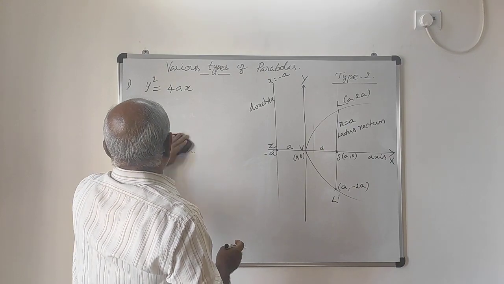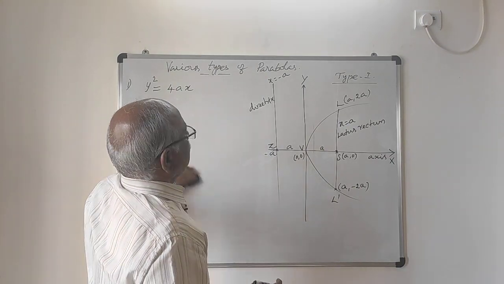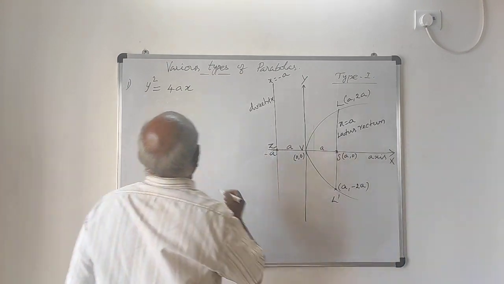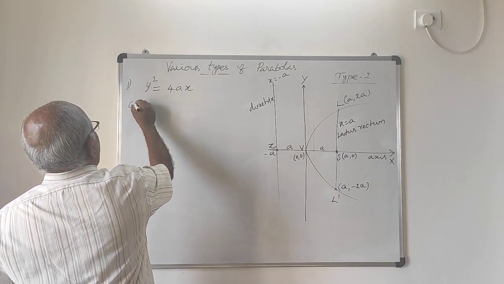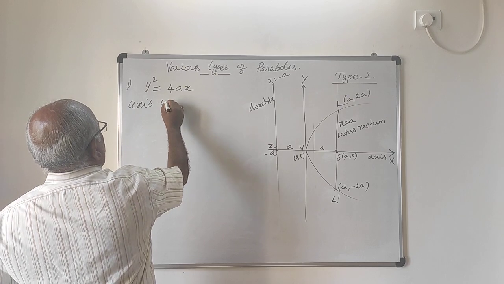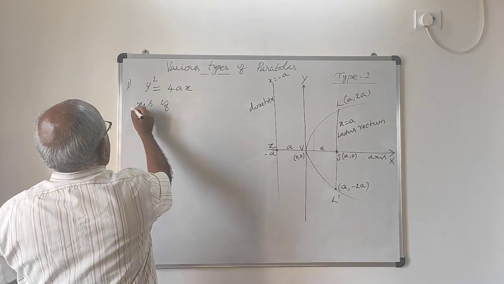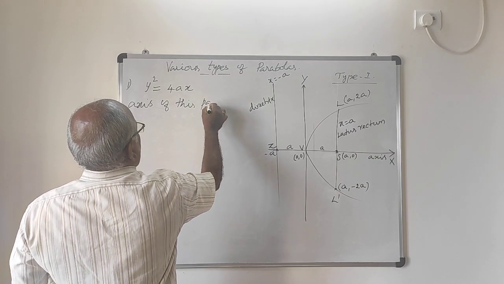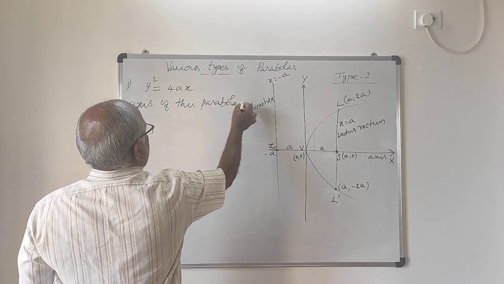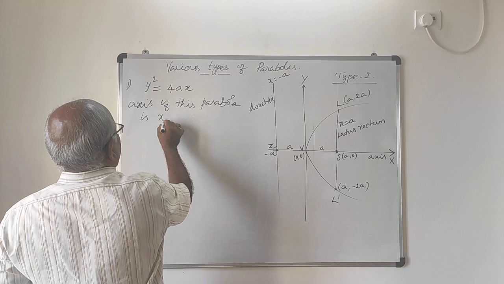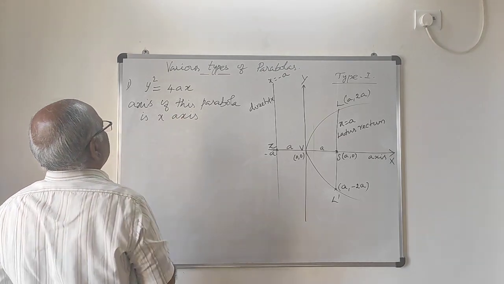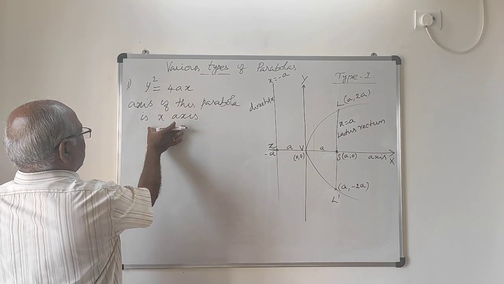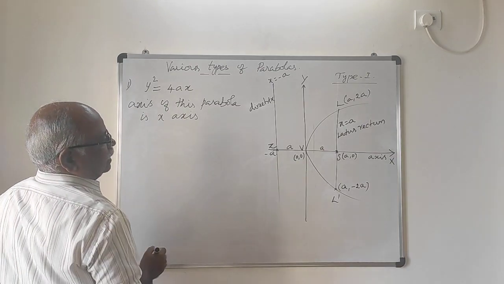These are the nature of the first type parabola. The axis of the parabola is the x-axis.